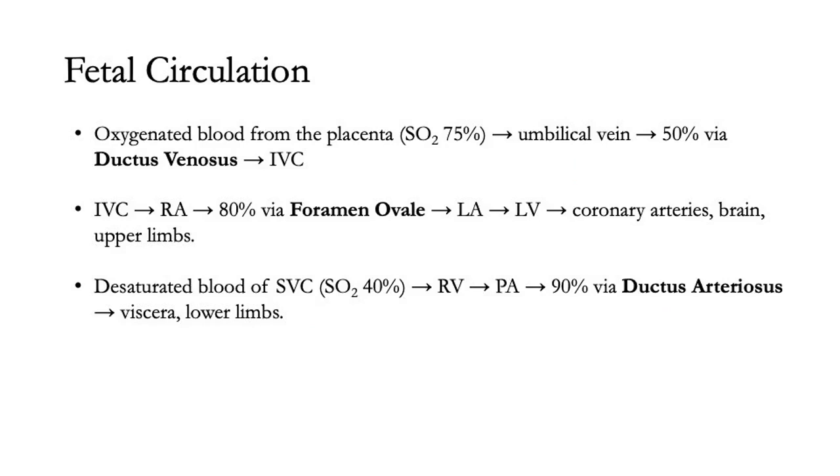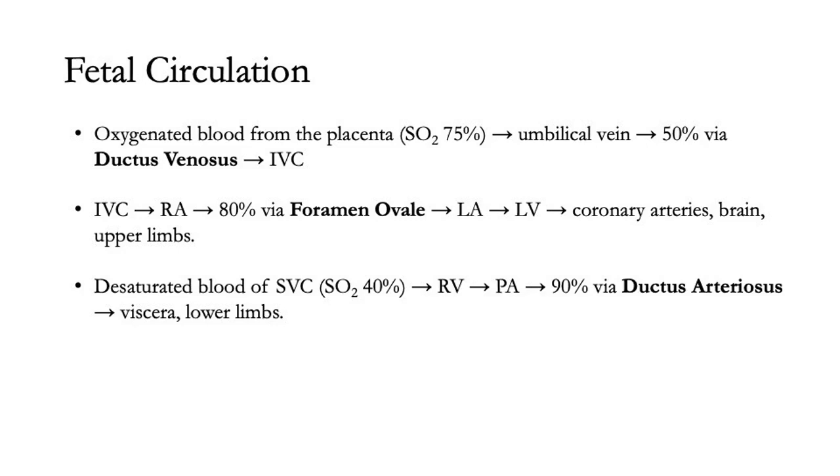Oxygenated blood from the placenta returns to the fetus via the umbilical vein. 50% of umbilical venous blood bypasses the hepatic sinuses and enters the IVC via the ductus venosus. The remainder of the umbilical venous blood passes through the liver and enters the IVC via the hepatic veins. The IVC blood enters the LA during 80% of the cardiac cycle.